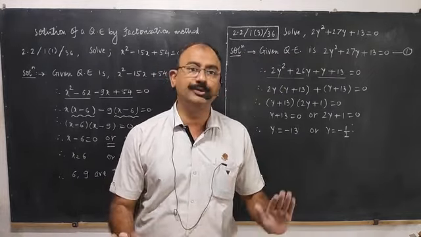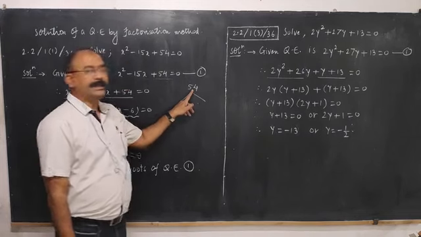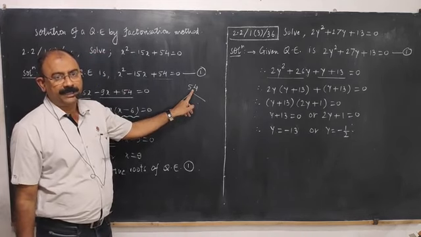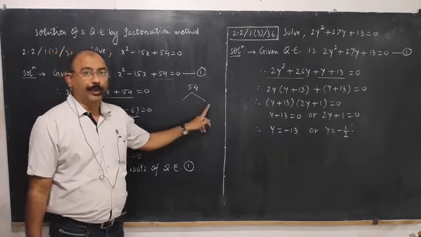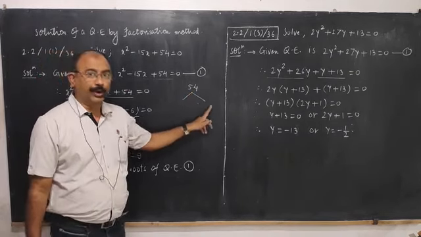Now, this number is a positive number. So its both factors will either be positive or both negative. Because if you multiply both positive numbers, you will get the product equal to a positive number. If both the factors are negative, still the product will be positive.